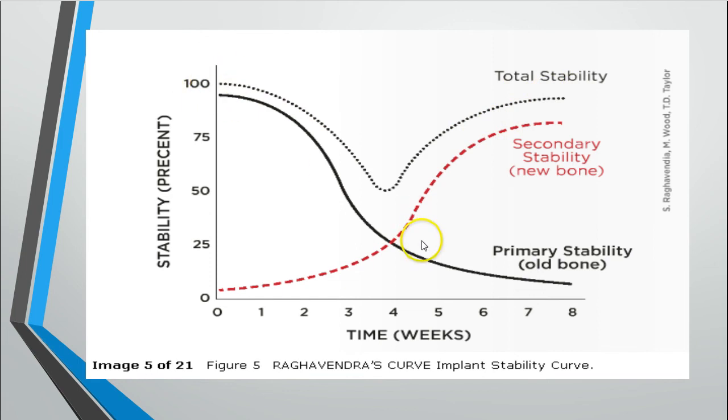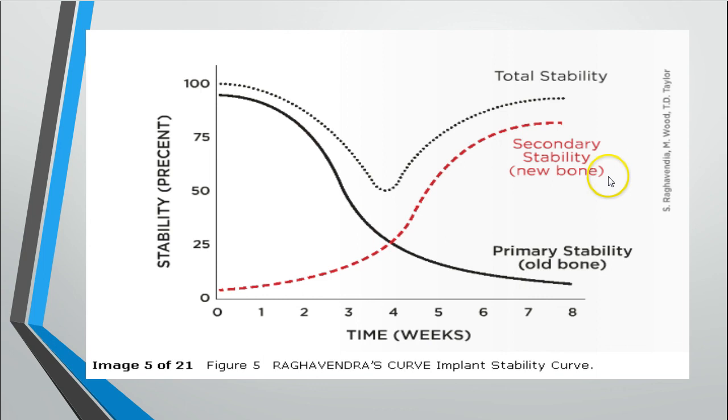This is why, when we do our immediate loading, we always talked about not having the prosthesis in and out during this crucial week 4 to week 10 time, when the secondary stability, which is the new bone, hasn't completely formed yet. We talked about how it takes almost 4 months, 3 to 4 months, for that complete bone stability to form.